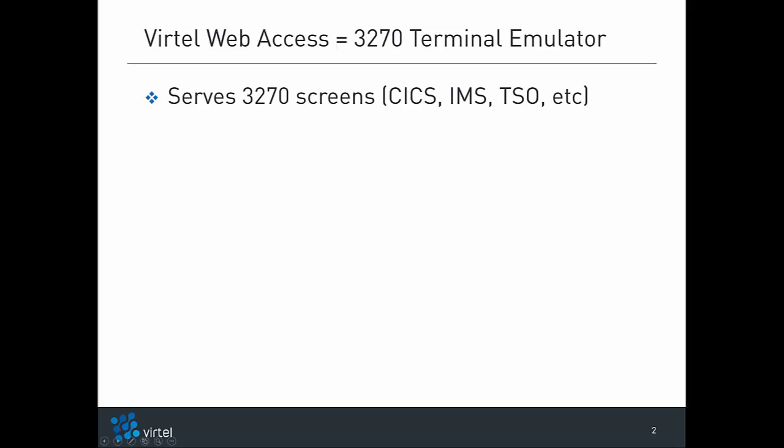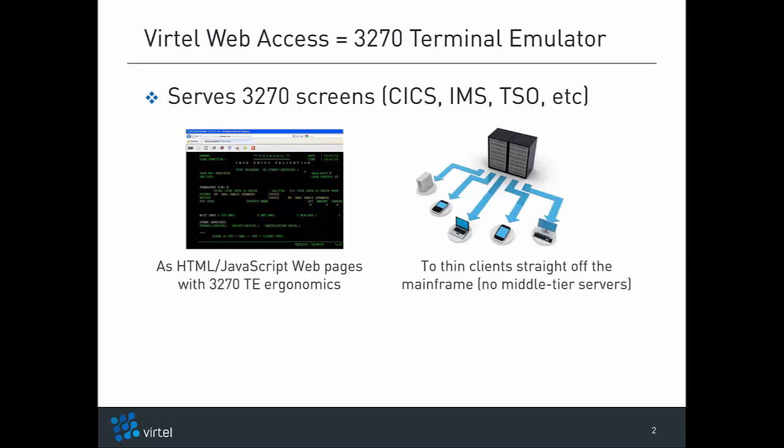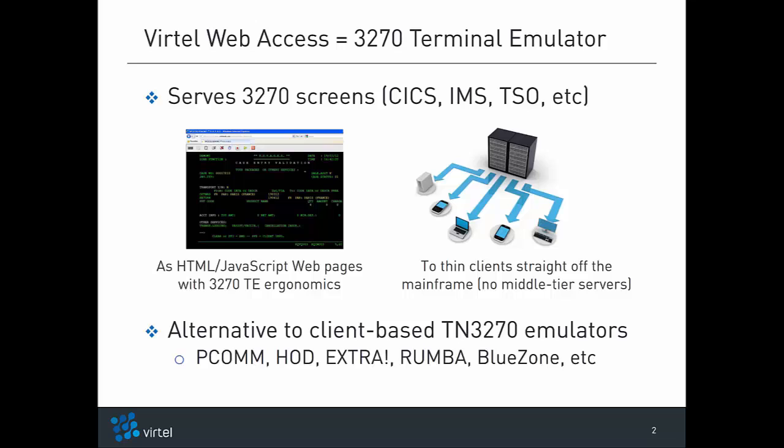It serves 3270 screens as standard HTML JavaScript pages with 3270 emulation ergonomics to thin client devices straight off the mainframe without a middle-tier server. It doesn't get any simpler or more centralized than that. Virtel is typically deployed as a modern alternative for TN3270 emulators such as PCOM, HOD, Extra, Reflection, and Bluezone.